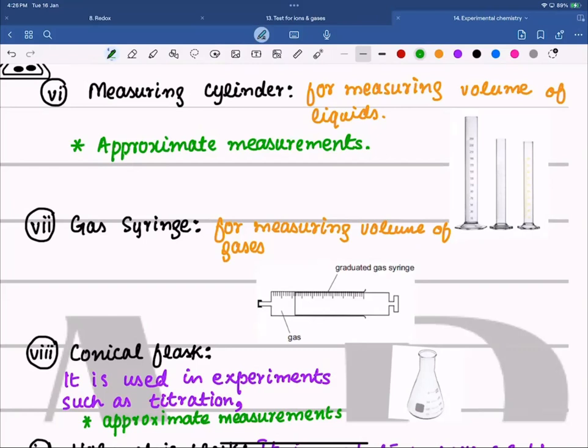If you have to measure any other volume accurately, then you can use a burette. And if you have to measure any volume approximately, then you are going to use a measuring cylinder. If you have to perform titration, we will perform titration in a conical flask, and if you have to record the volume of a gas, then we will use a gas syringe.